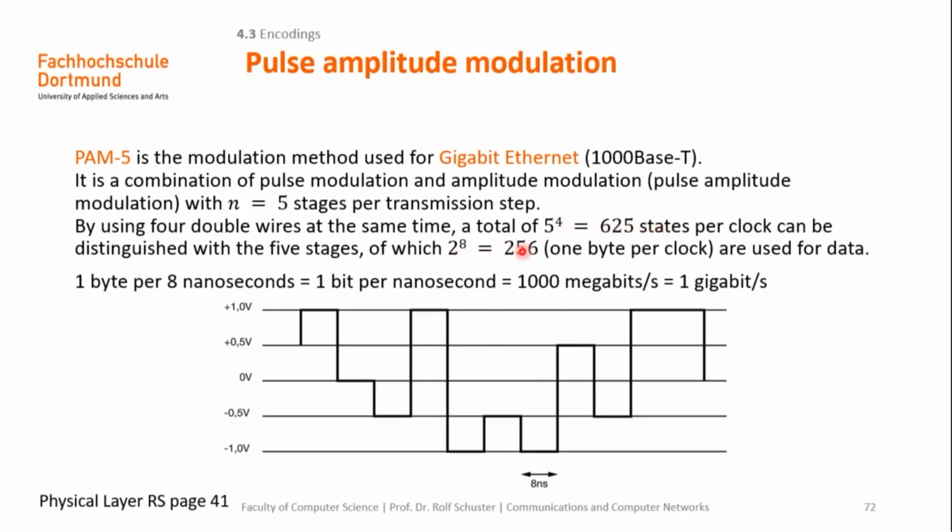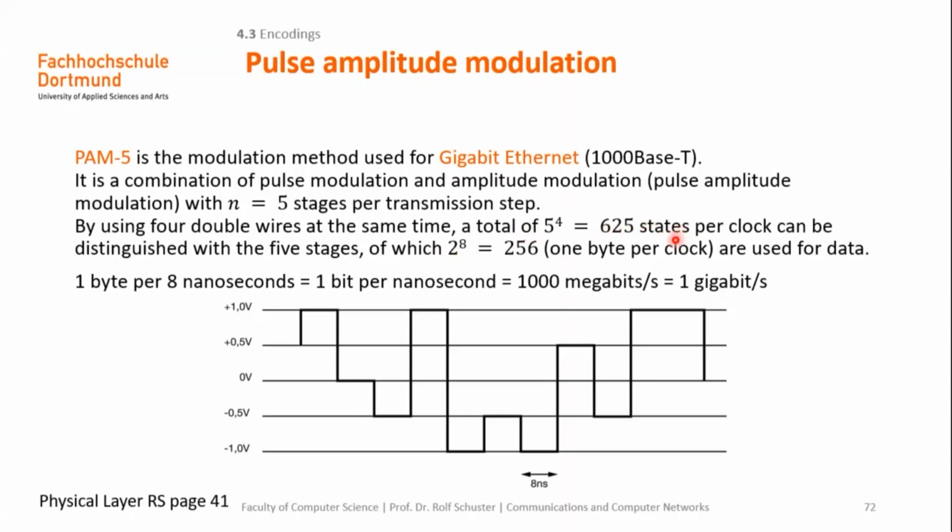For instance, we could transmit 8 bits, and we could use the other encoding technique to use the other combinations of states to convert this modulation, this encoding technique, into a self-clocking technique.